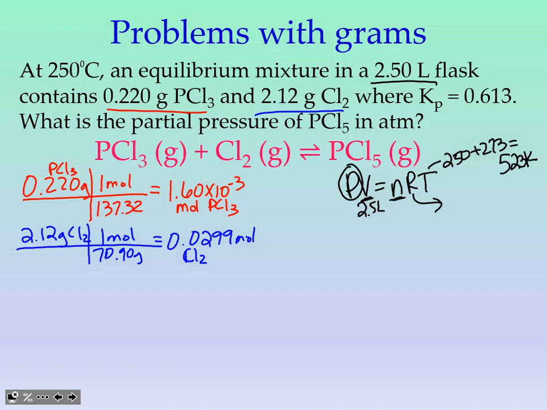0.08. Yeah, correct. We need to use the one that has the atm measurement because Kp is measured using atm for the partial pressures. So this one we have to use 0.082061 for the R. That's very important. Now let's go ahead and calculate. Starting here with the PCl5, I'm going to do that one first.